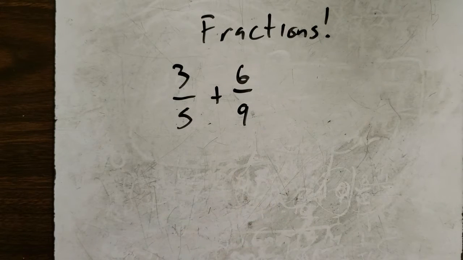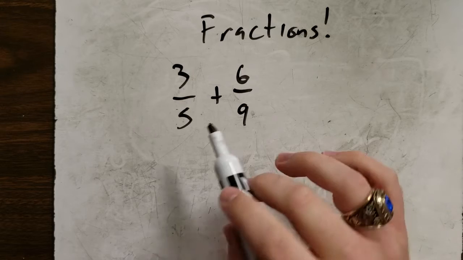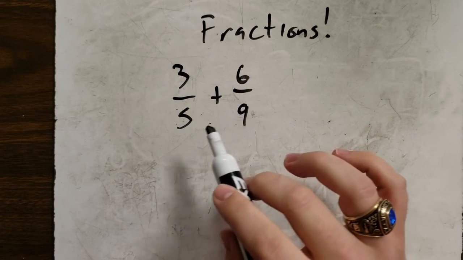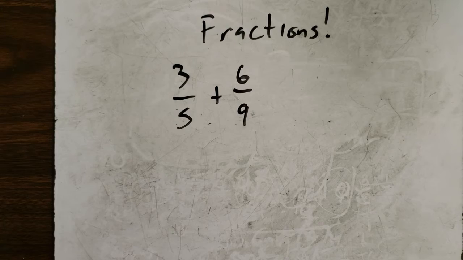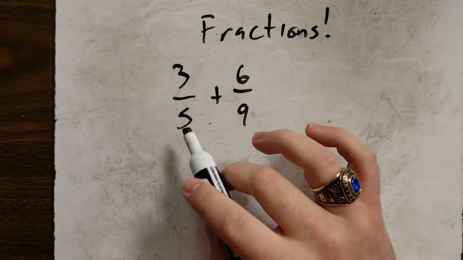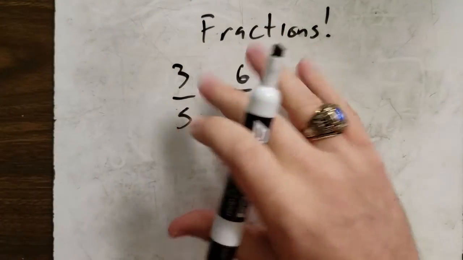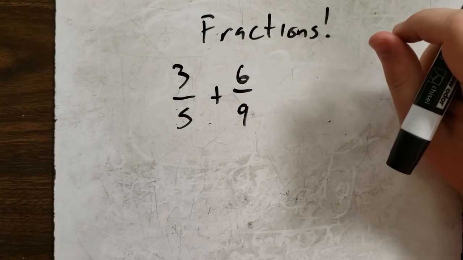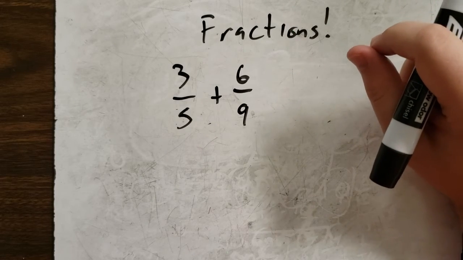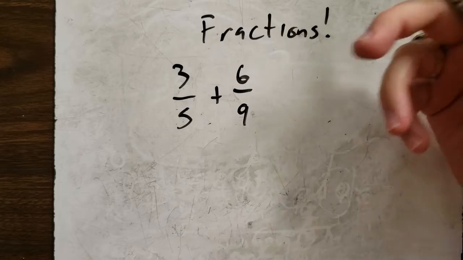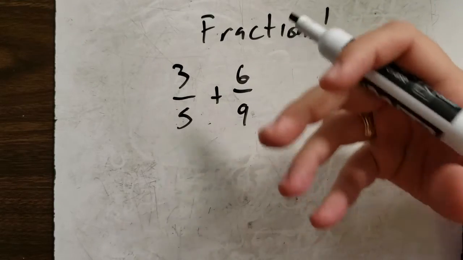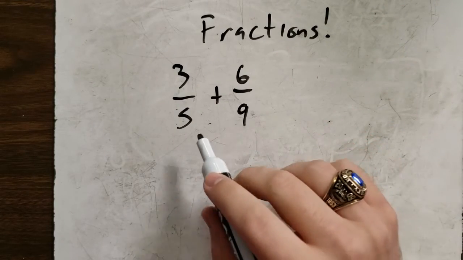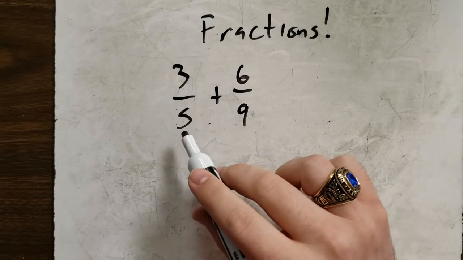Now, remember, in order to add and subtract fractions, you must have the same common denominator. You must have the same bottom number. So, we have 5 here and 9 here, not the same number, obviously. So, we have to make it the same number. Now, how do we do that? Very simple. The easiest way to make a common denominator is to multiply your numbers together.